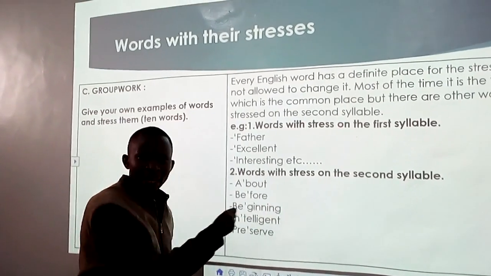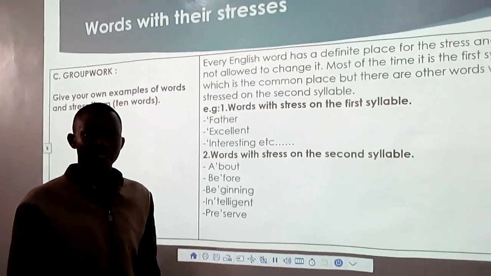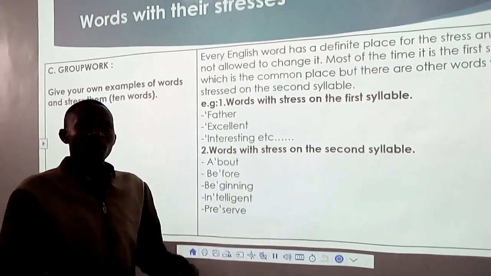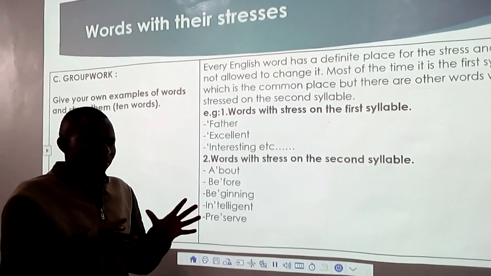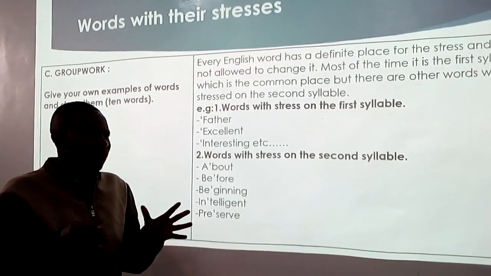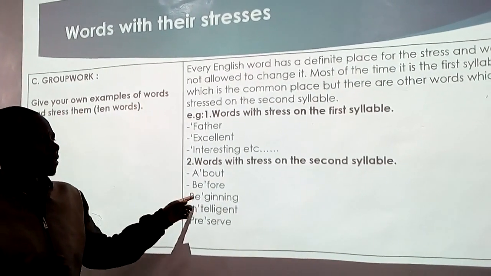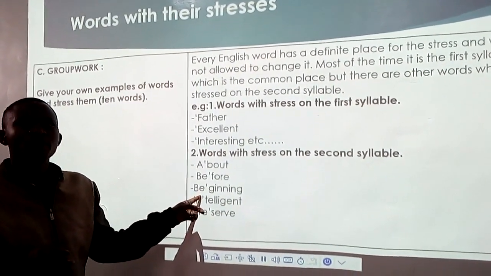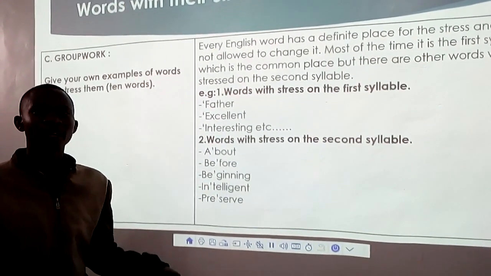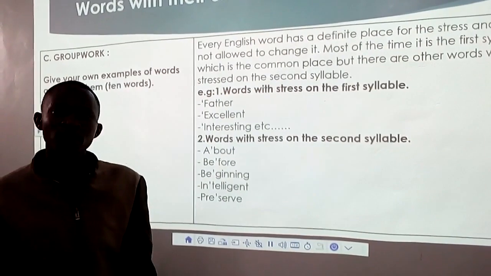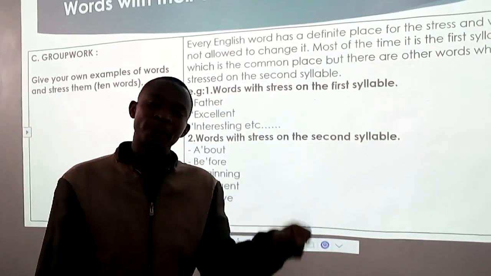Now beginning. I'm really surprised, greatly, because most of the time in conversations, some people make mistakes about pronouncing this word. It is not the beginning, from the beginning, because we don't say to begin.